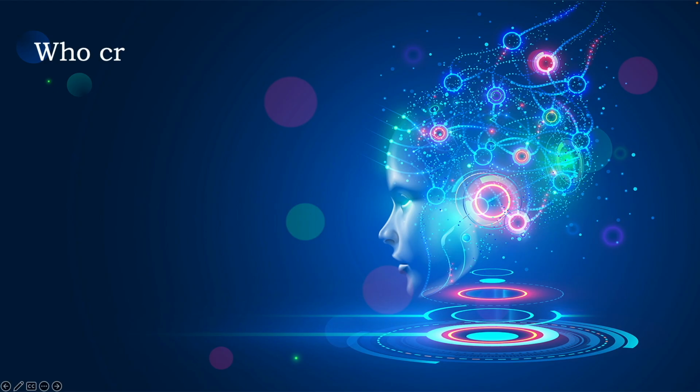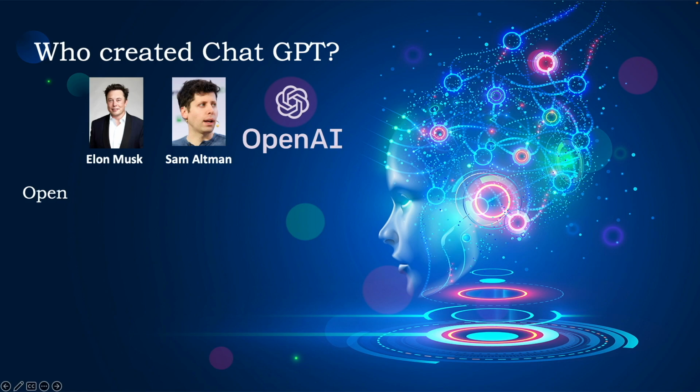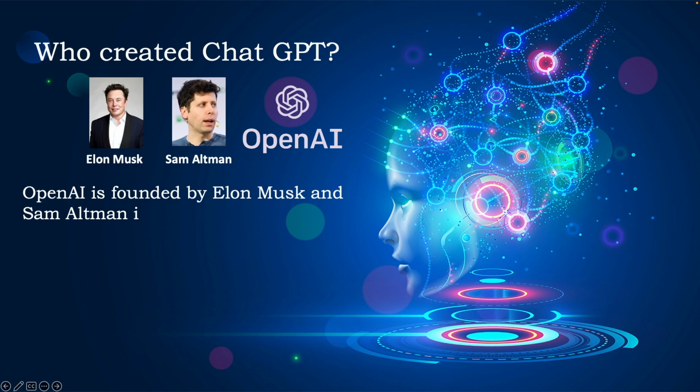Now let's see who created ChatGPT. ChatGPT is created by an AI research and development company named OpenAI. OpenAI was founded by Elon Musk and Sam Altman in 2015 because they feared that people and organizations would misuse artificial intelligence or be careless about its development and advancement.